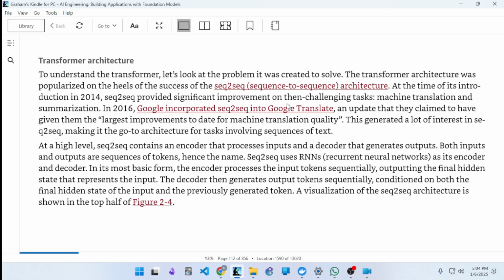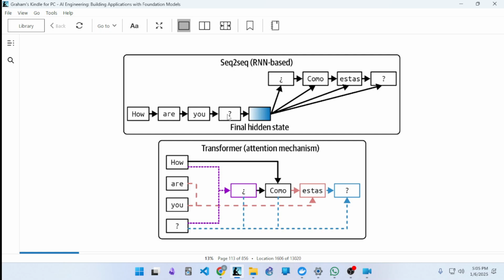In its most basic form, the encoder processes the input tokens sequentially, outputting the final hidden state that represents the input. The decoder then generates output tokens sequentially, conditioned on both the final hidden state of the input and the previously generated token. A visualization of the seq2seq architecture is shown in the top half of figure 2-4.